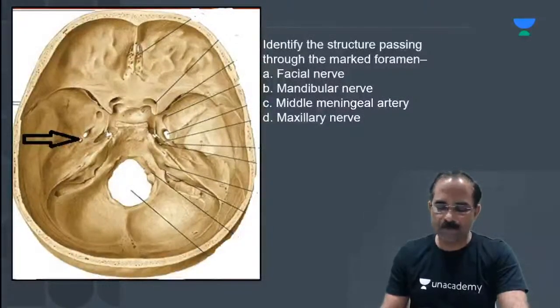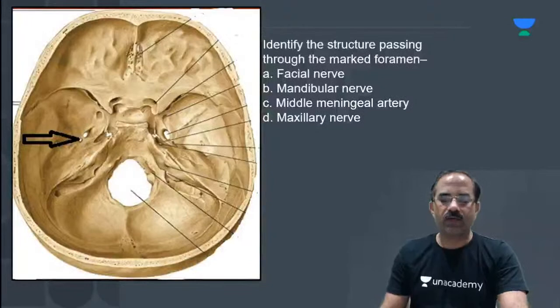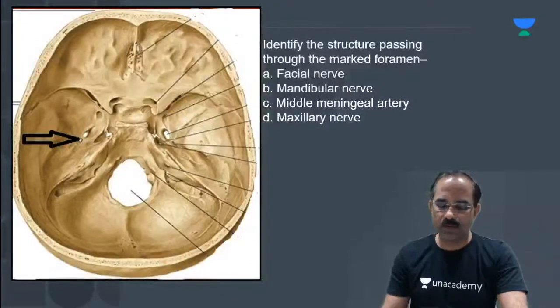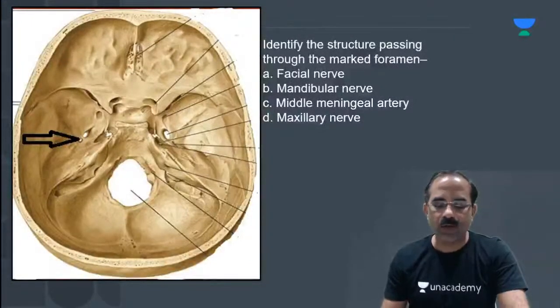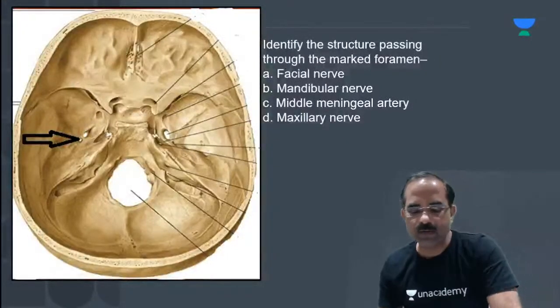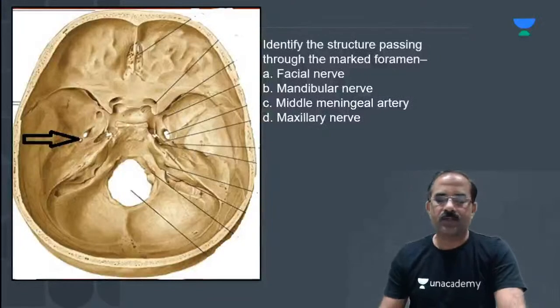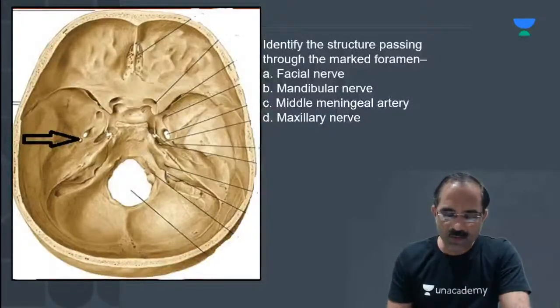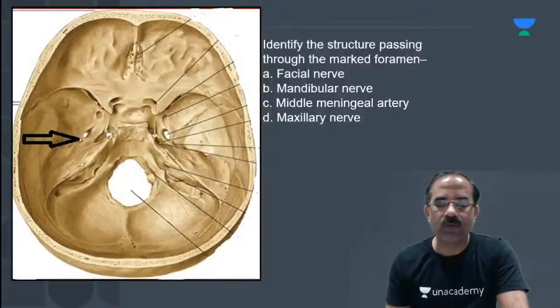Yes, anyone? What is the marked foramen? First you tell me. Mandibular nerve? No. What is the foramen, you tell me? What is the pointed foramen? Students, you can see the black pointer on the foramen.